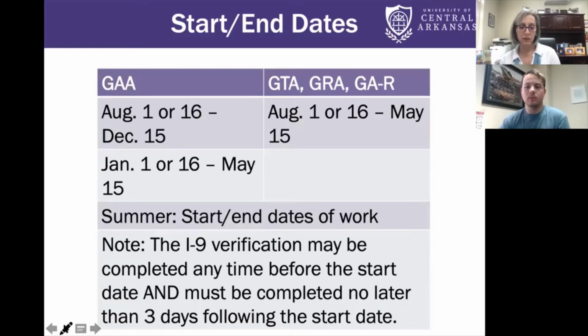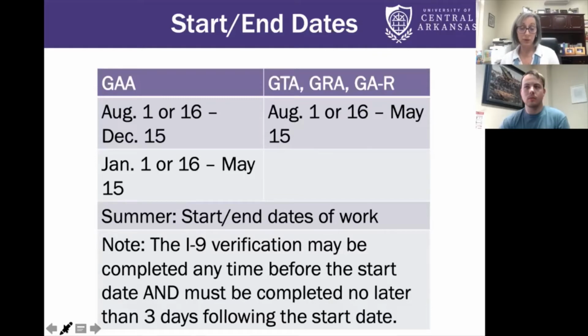It can be completed anytime before a start date, but then it must be completed no later than 3 days following the start date. So if you list an August 1st start date, but they're not showing up till August 5th, well, then we've missed that 3 days if they haven't done it beforehand. So be mindful that students need to complete the I-9 verification form or process within that time frame.